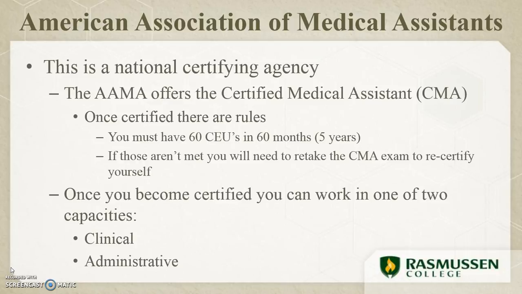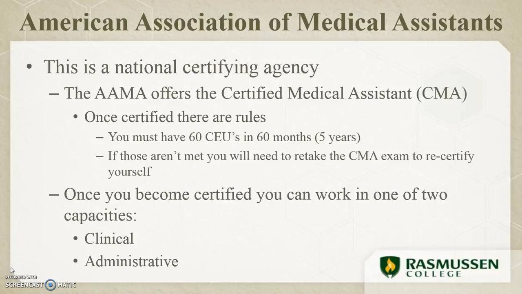Now, once you do become certified, there are some rules that you do need to follow. The first rule is that you need to complete 60 continuing education units, or CEUs, in a 60-month time frame, or 5 years. If that does not happen, you have to complete the 60 CEUs and retake the certification exam.